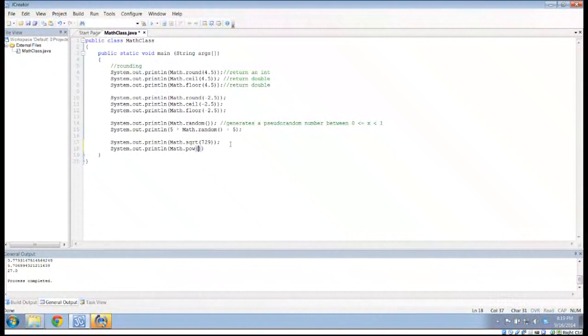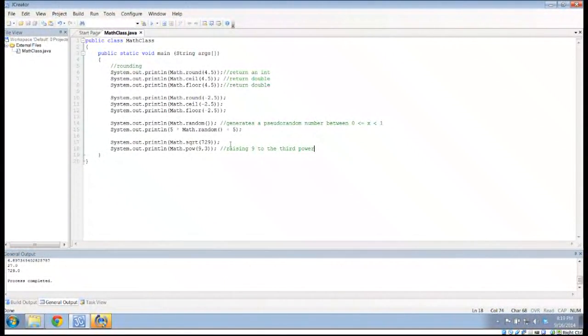So I'm going to take my first number, which is 9, and my second number, 3. So what we're actually doing here is we're raising 9 to the third power. And so doing that, 9 times 9 is 81, and 81 times 9 is 729.